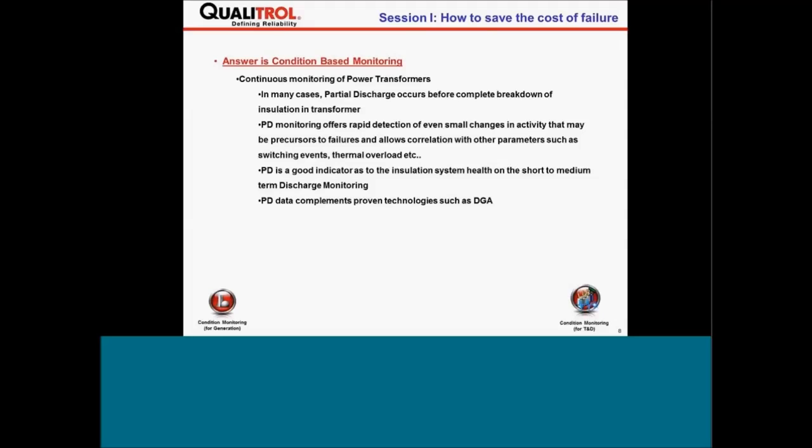As I said earlier, one of the major failures in transformers is due to failure of the insulation, and what preempts that is mainly partial discharge, which allows us to try and identify when the insulation is in a fault condition.